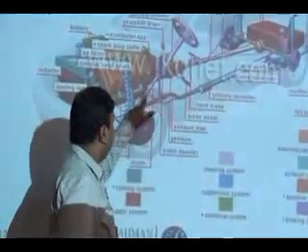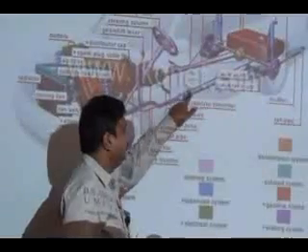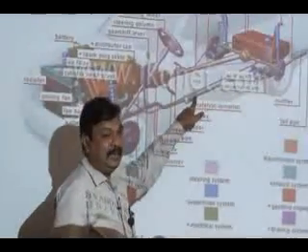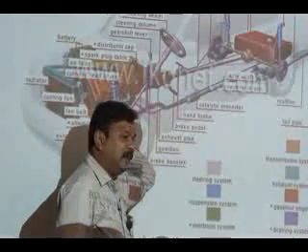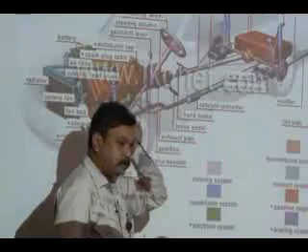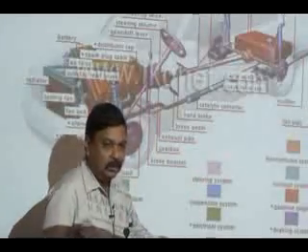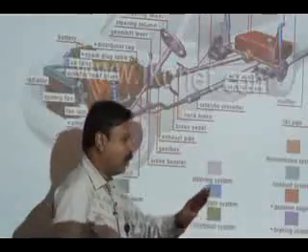Now from the exhaust manifold it goes to, what is this? This is a catalytic converter. What essentially does a catalytic converter do? It converts carbon monoxide into carbon dioxide.